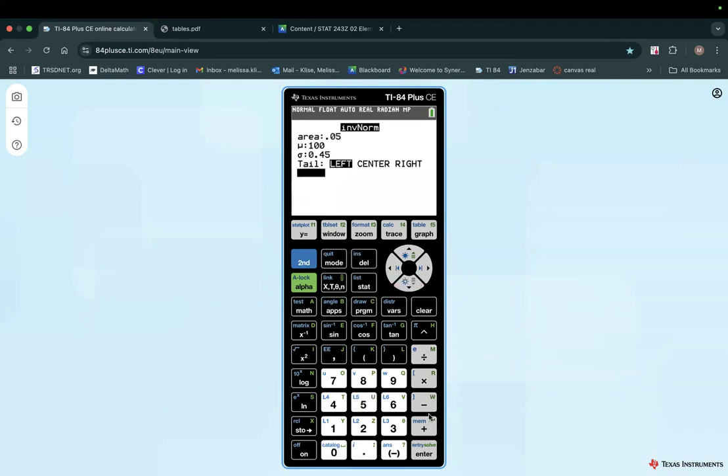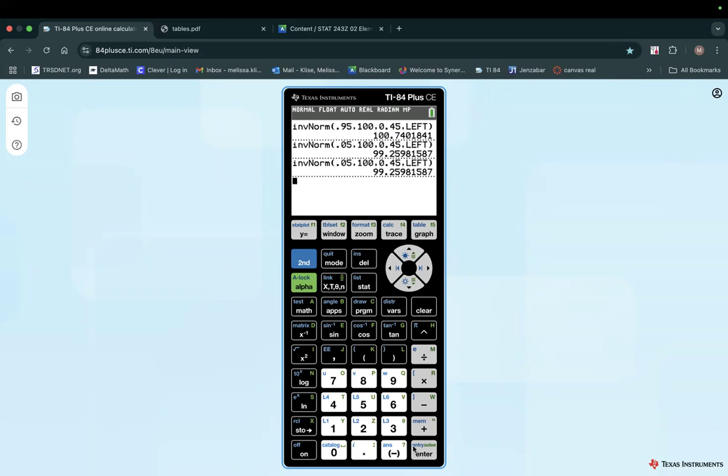Keep it on left, hit enter, and you get the lower bound, 99.26 centimeters. So you're going to need to do it twice, but it's pretty fast to just go in and do it the second time. It usually doesn't take a long time.